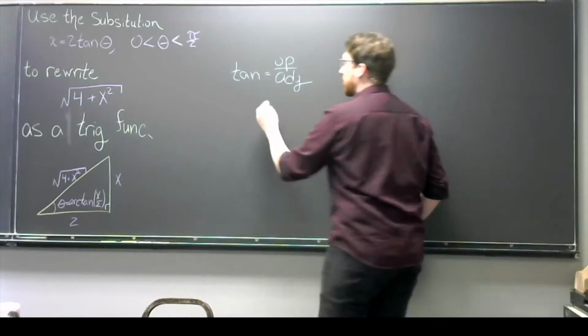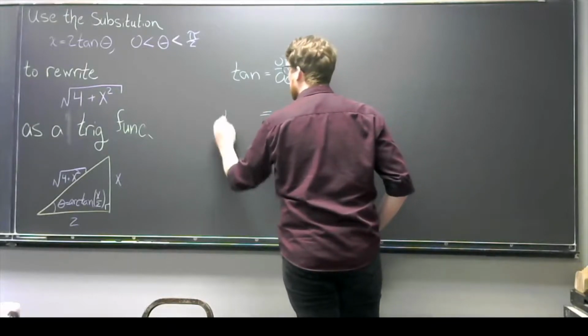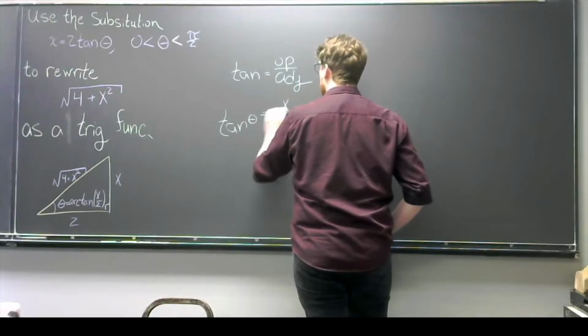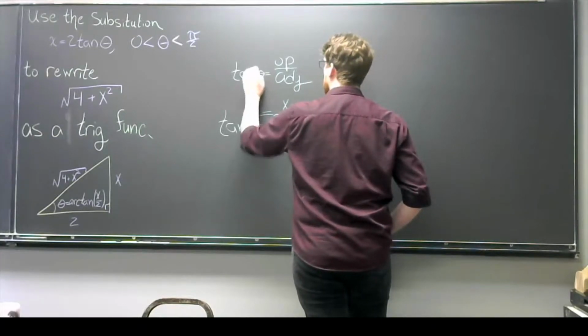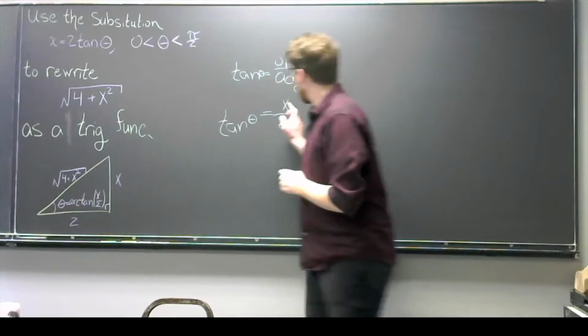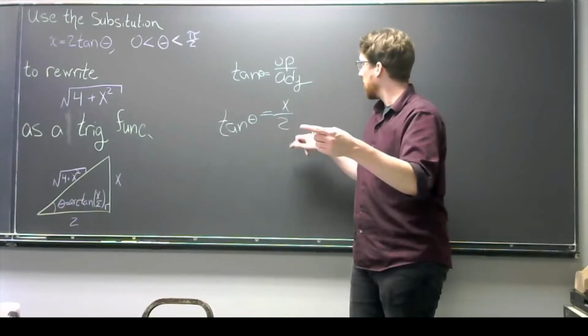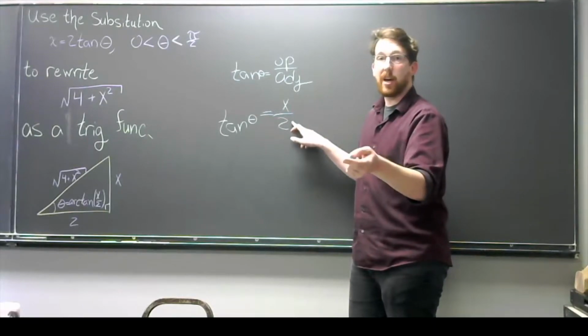So, because tangent theta is equal to x over 2, we know x must be the opposite side from our angle, and 2 must be the adjacent side.